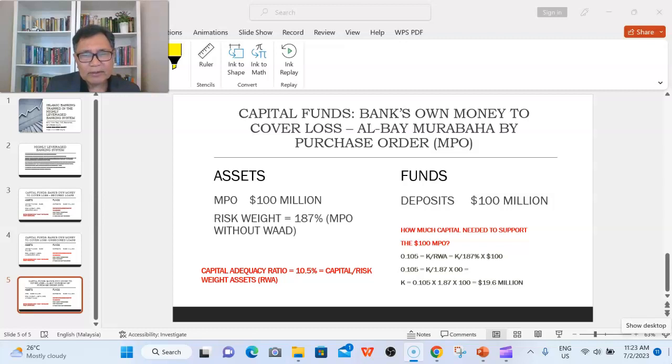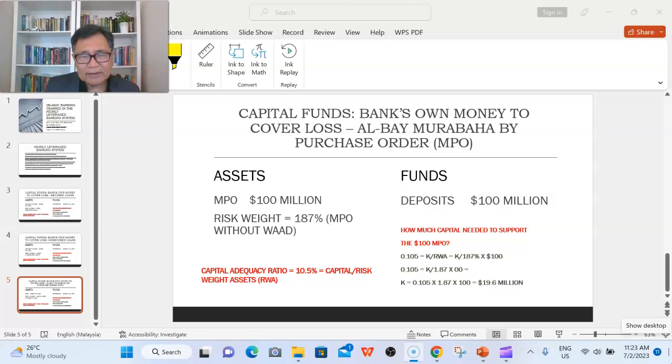So one of the products that has been commonly used or documented in the guideline of the Central Bank of Malaysia is the Murabaha by purchase order, or MPO.